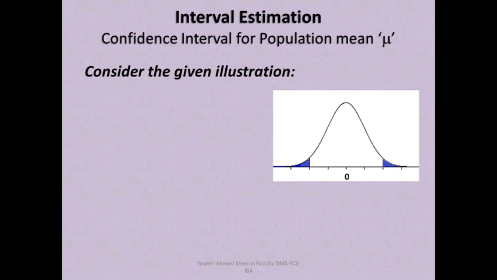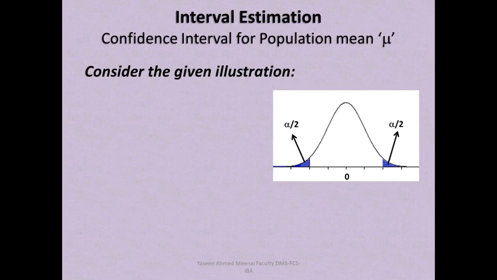I am not giving you any values for the areas in the left and right tails, but I am representing them using a Greek letter, alpha. Both ends are covered by a tiny area, alpha by 2 on each side, since both areas are the same.